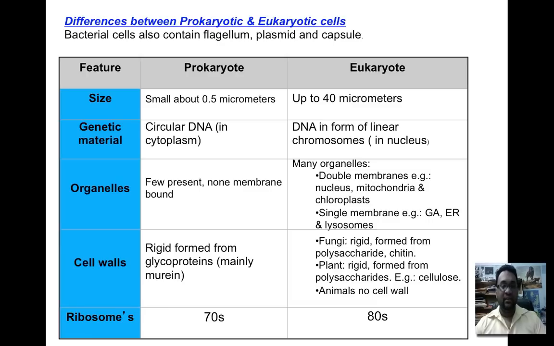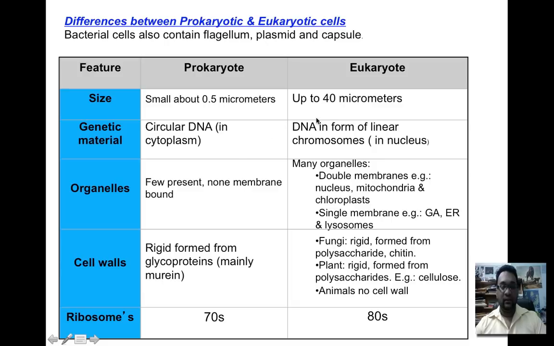It's just naked there in the cytoplasm. For the eukaryotes, the DNA is in the form of linear chromosomes, and they are found in the nucleus. The nucleus is an organelle that houses the DNA for the eukaryotic cells. The DNA itself in the eukaryotic cells is much more complex than the DNA in prokaryotes.